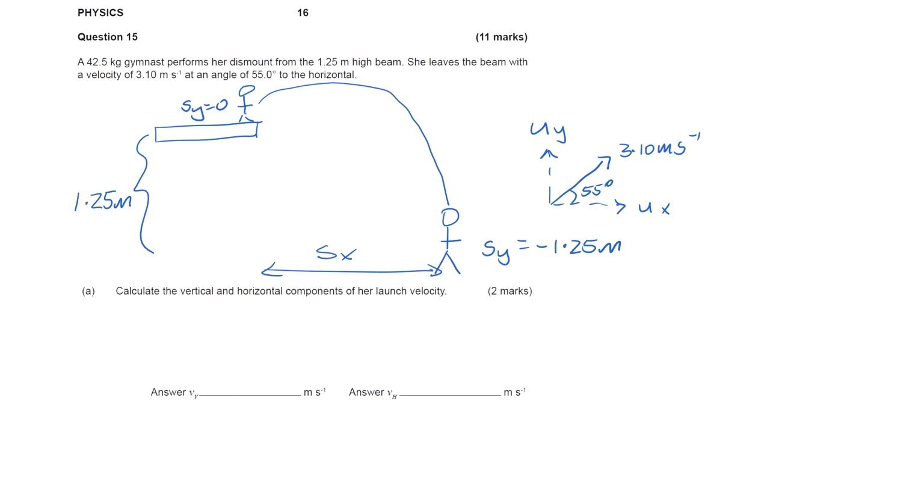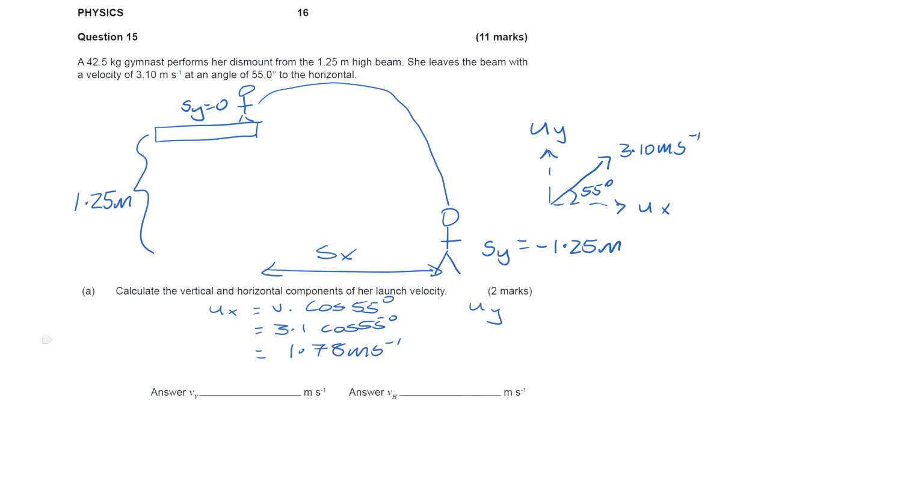Okay, so calculate the vertical and horizontal components. UX would be equal to whatever velocity they've given you, cos of 55 degrees, so I've got 3.1 cos 55, and that will give me 1.78 meters per second.